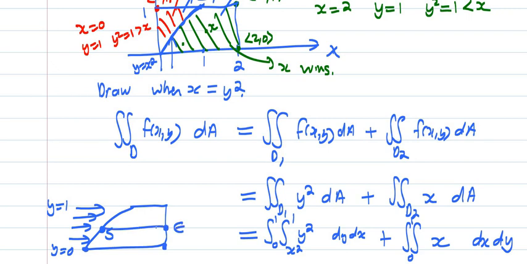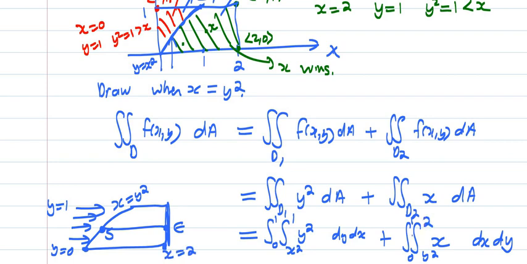So if you shoot a horizontal bullet, you can see, where does it start? It starts on the curve when x is equal to y squared. So where does x start? X starts at y squared. And where does x end? It ends on this line, which is given by x is equal to 2.